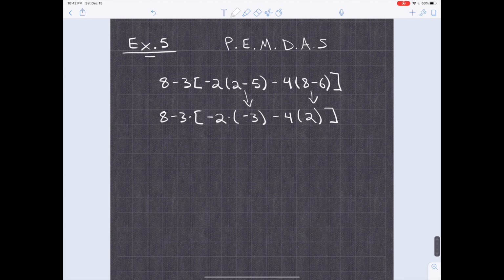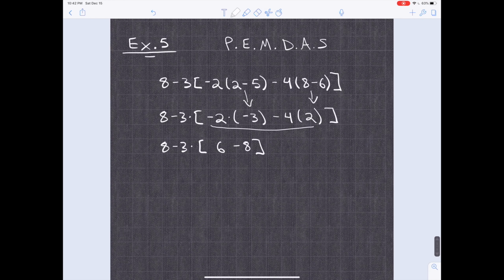And we're going to continue on by doing what's inside of the outer parentheses, essentially. 8 minus 3 times minus 2 times minus 3 is going to be positive 6. And then minus 4 times 2 is going to be minus 8.